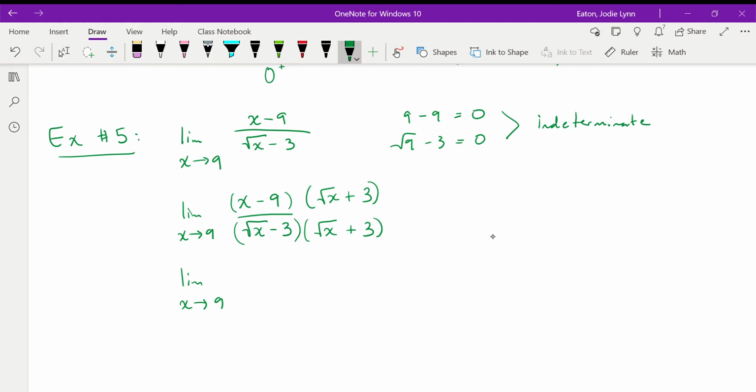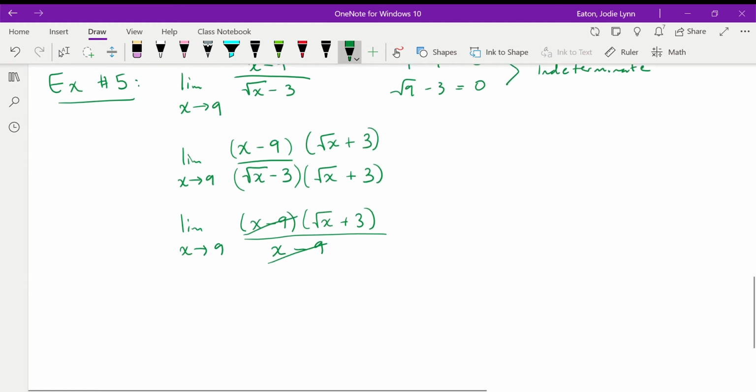And I'm honestly just going to leave that numerator the way it is. I'm not going to expand it just yet because I'm hoping that something's going to cancel. That's the whole idea. So I have x minus 9 times radical x plus 3, all over x, positive x, minus 3 root x, plus 3 root x goes away. That's the point. Minus 3 times 3 is minus 9. So I get x minus 9 and an x minus 9, and I can cancel. And that's why we did that.